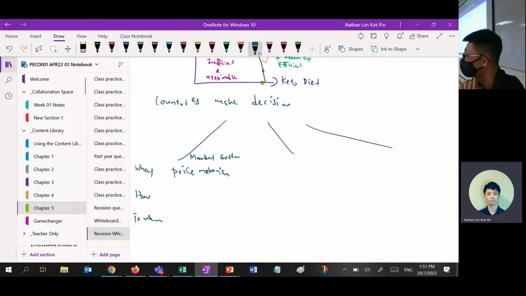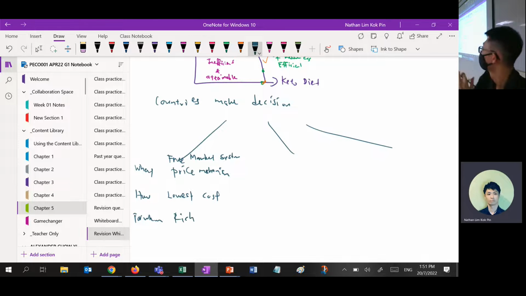This is known as the free market system. What to produce? How to produce? Because entrepreneurs are profit-minded, they always choose the lowest cost method to produce. For whom to produce, they will always produce for the rich. Make sense?